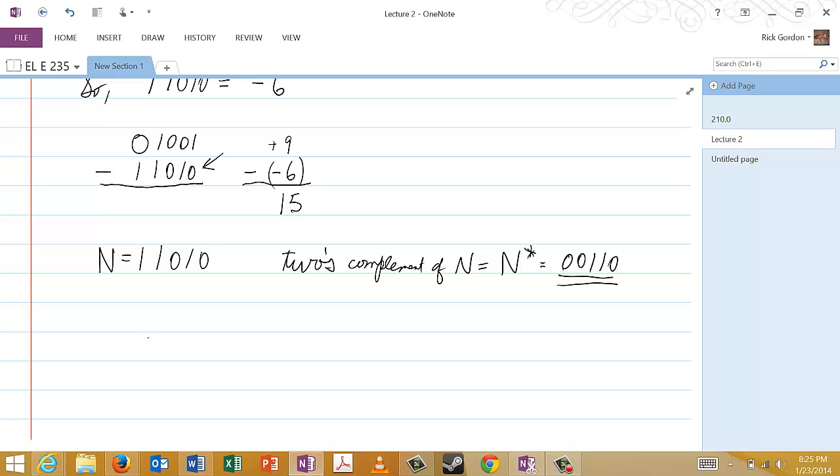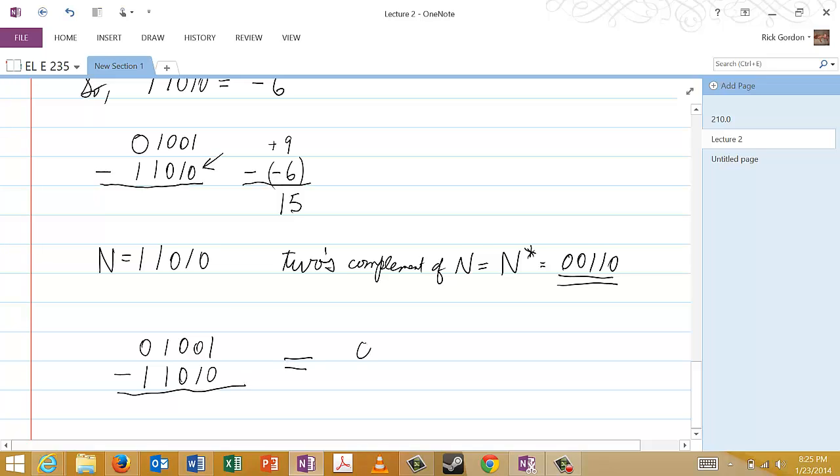So 0, 1, 0, 0, 1 minus 1, 1, 0, 1, 0 is the same thing as 0, 1, 0, 0, 1 plus the 2's complement of that second number, which we have just found out is 0, 0, 1, 1, 0.